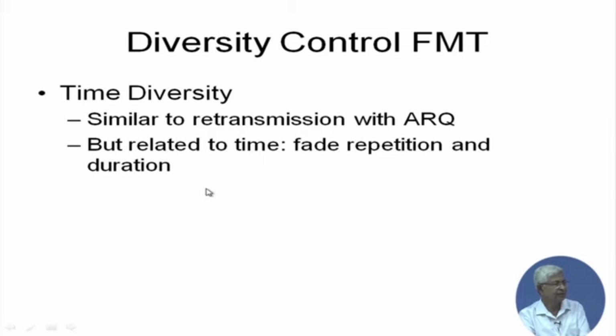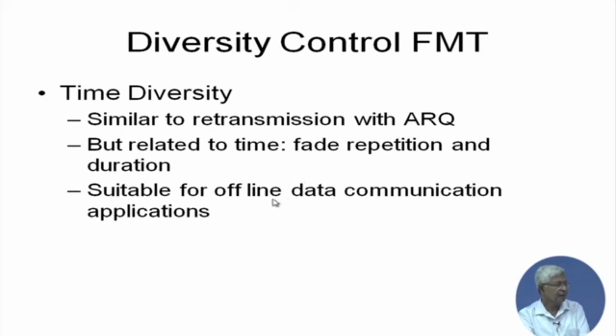If you recollect that particular slide where the fade threshold is shown, and different fade events and non-fade events are shown, based on these the duration for which the transmission is not going on has to be estimated. So mostly it's offline communication, like email. When you do email communication, then this is quite suitable. That's what is listed: suitable for offline data communication applications.